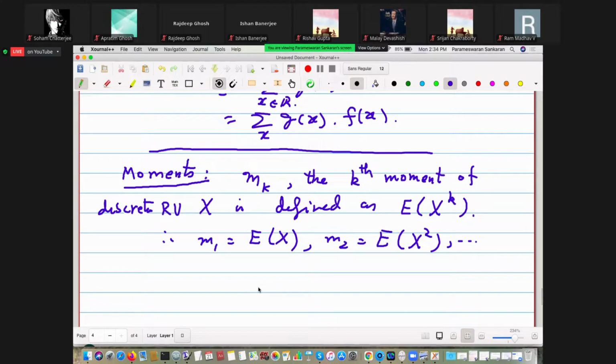And in this context, there is also moment about the mean. Moments you can define about any point, well, you can just say alpha, but let me not worry about the most general thing.